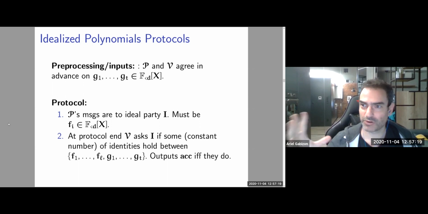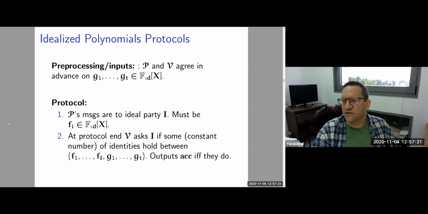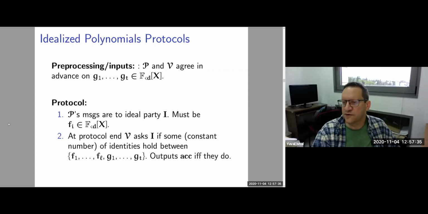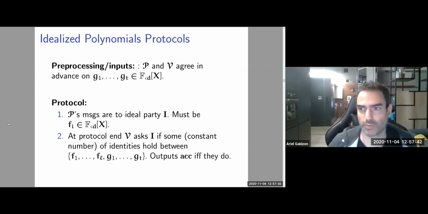And now, the protocol definition. What are the quantifiers here? Do you pick them? Can you pick them at random? What do you mean by agree on? I mean that the protocol is defined by these polynomials. Usually they won't be random.